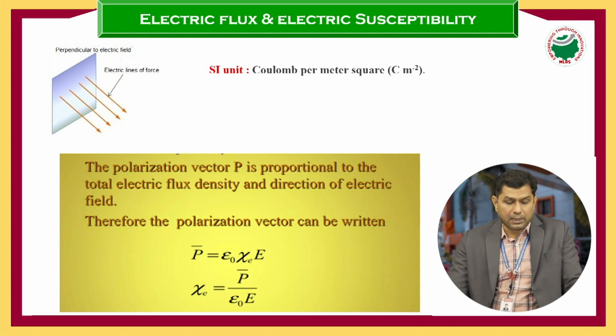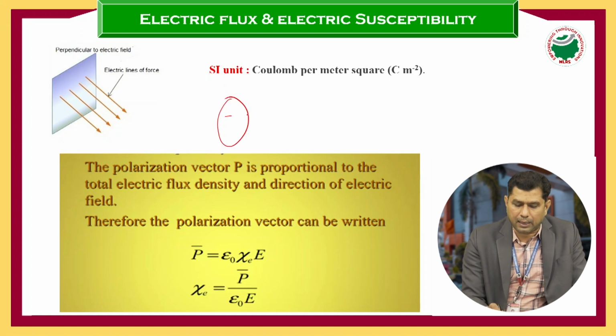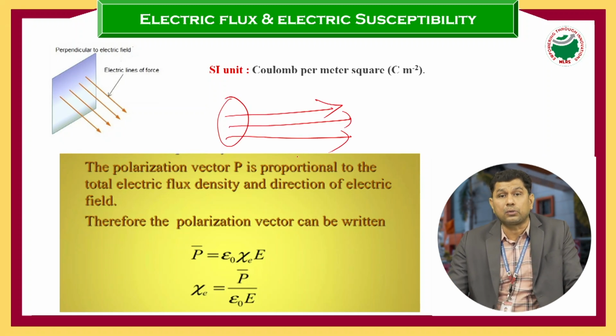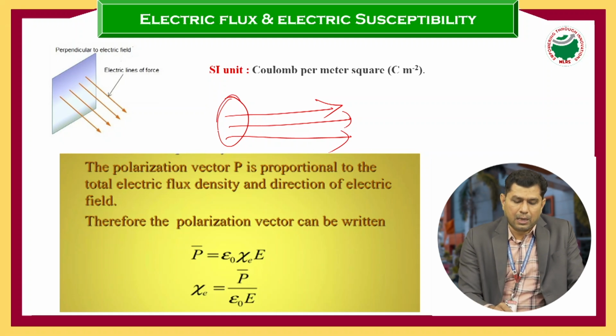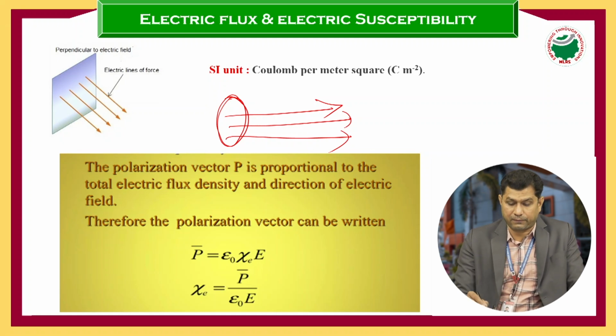Electric flux. What is electric flux? It is the number of electric lines of force passing perpendicularly through a unit area. In a unit area, how many electric lines of force pass perpendicularly? That is electric flux. More lines, more flux; fewer lines, less flux.